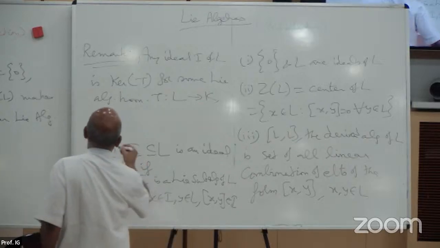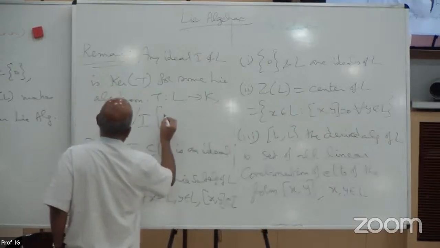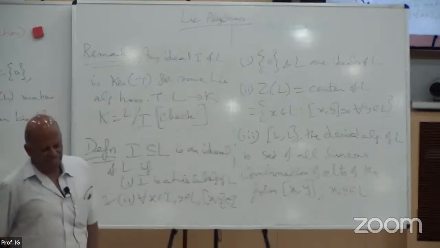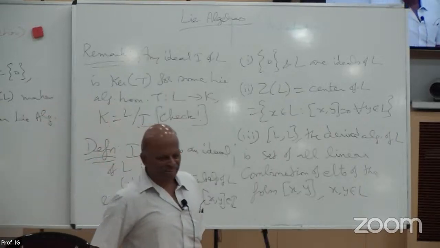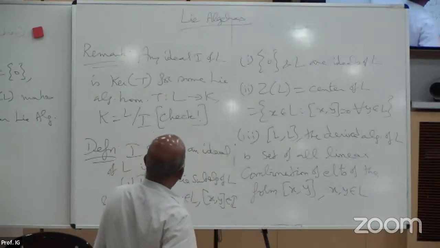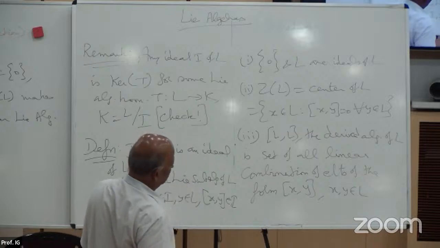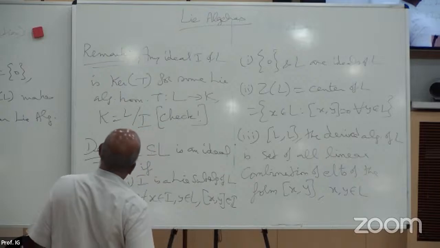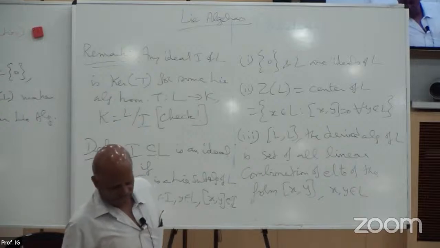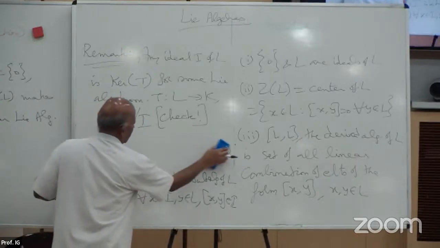You know that it has to be this quotient. We know the quotient of a vector space by a subspace, but here we have a Lie bracket, so we have to check the Lie bracket. Because of the definition of ideal given here, it will be worked out that L mod I is again a Lie algebra, and this T is a homomorphism. T is the natural homomorphism, and the kernel, of course, as you can see, is I. So I will leave it as an exercise. We are not going to need it much.